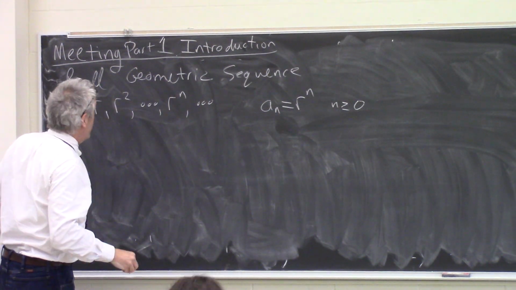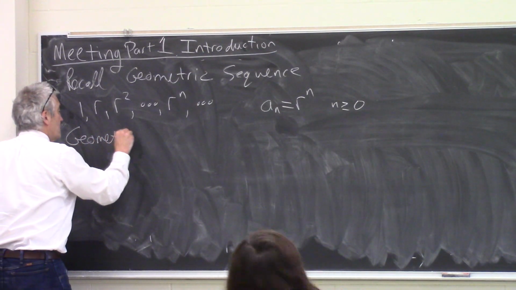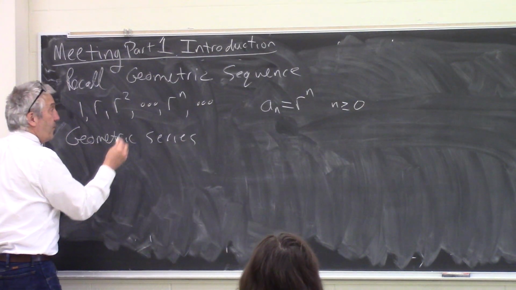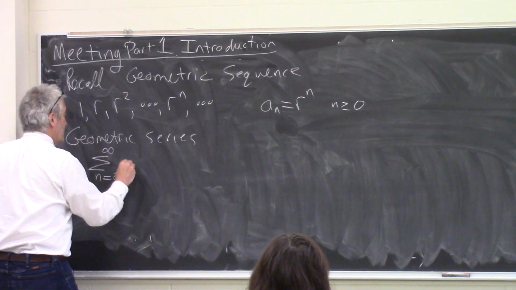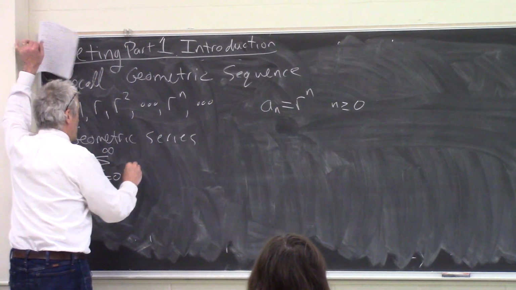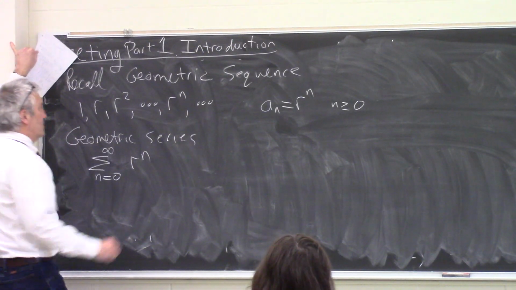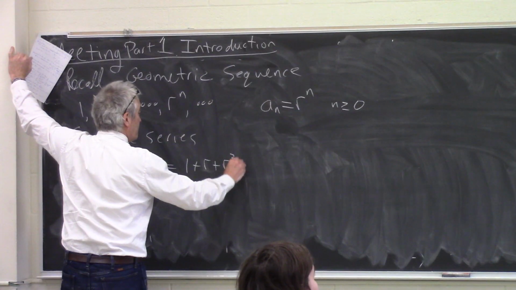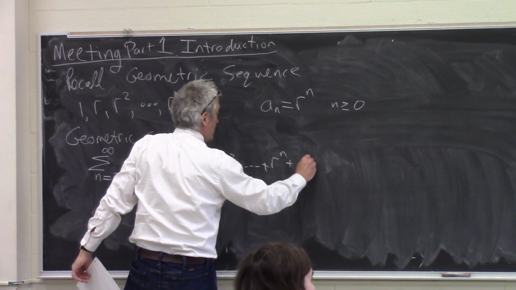And the geometric series was this thing. Add up all those things. So 1 plus r plus r squared plus r to the n plus keep going.